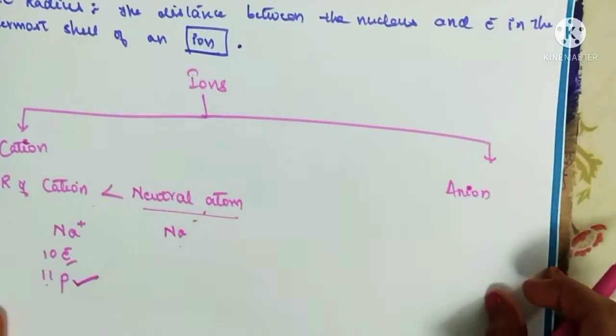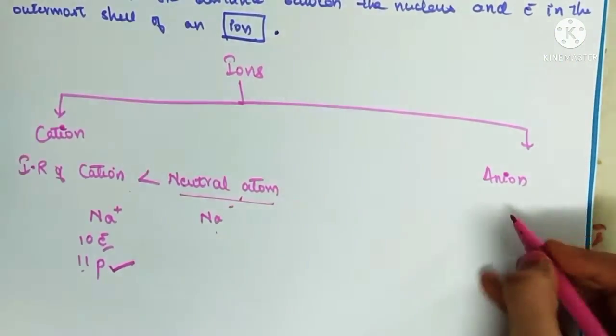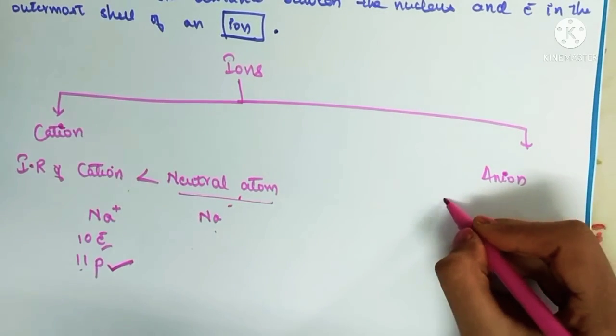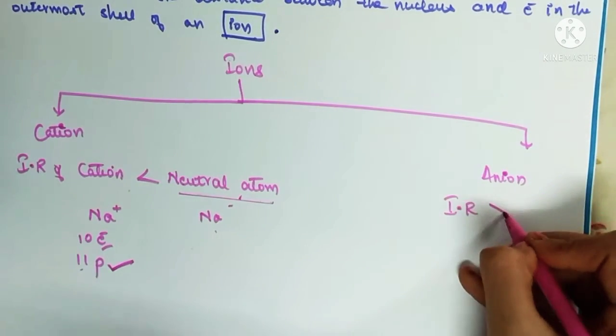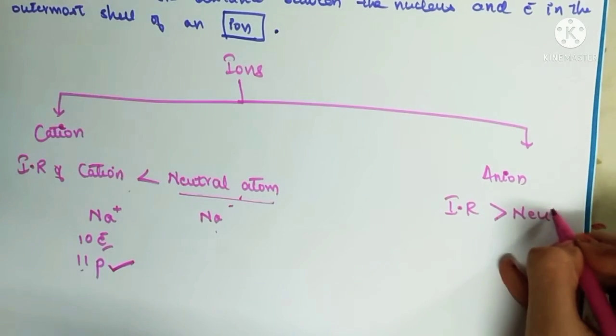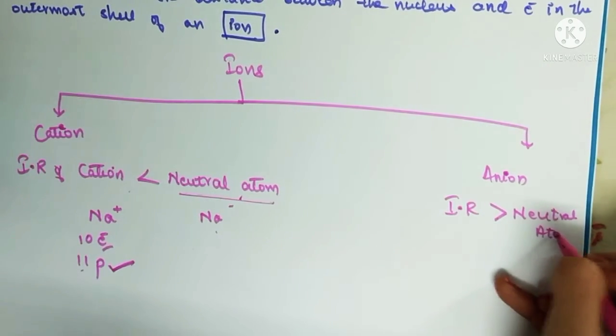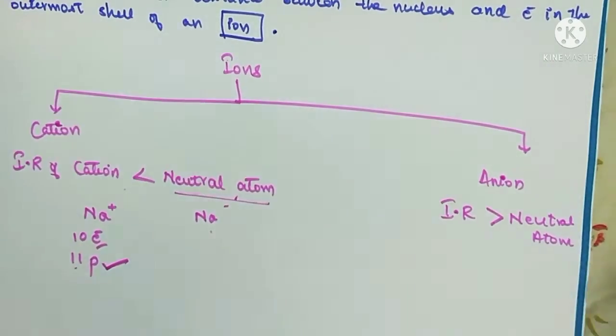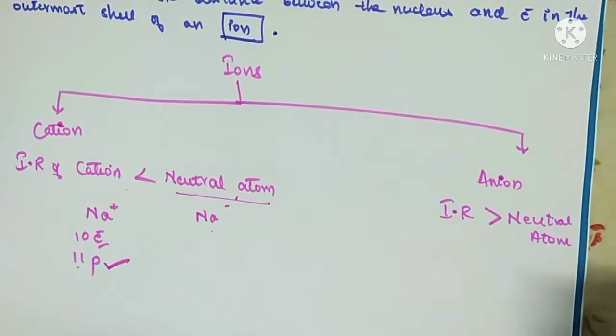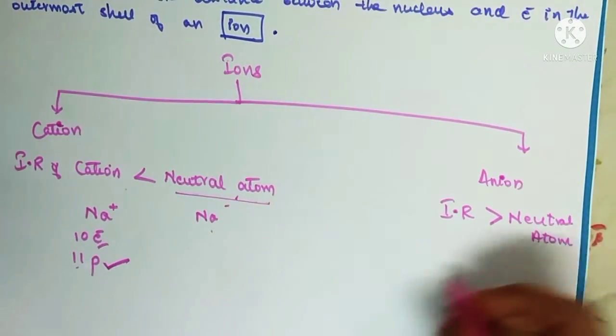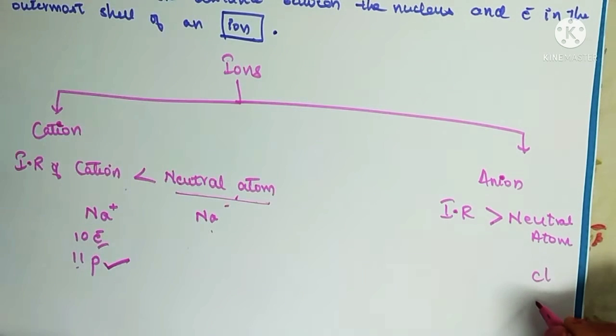But whereas coming to the anion, ionic radius of anion is always greater than the neutral atom. So if you just take an example like Cl. So here Cl has 17 protons and 17 electrons.